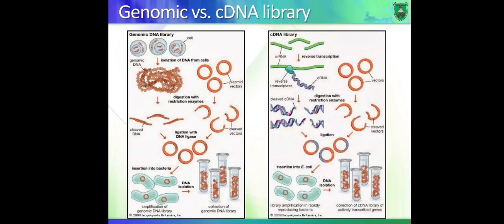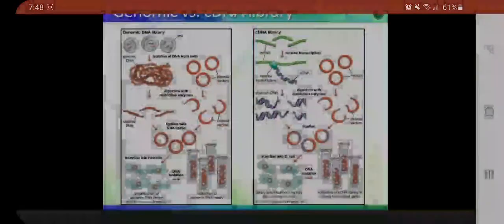This is another representation of the different types of genomic and cDNA libraries. Now remember, the genomic library is much more complex than a cDNA library, because here with the genomic DNA library, we have everything.